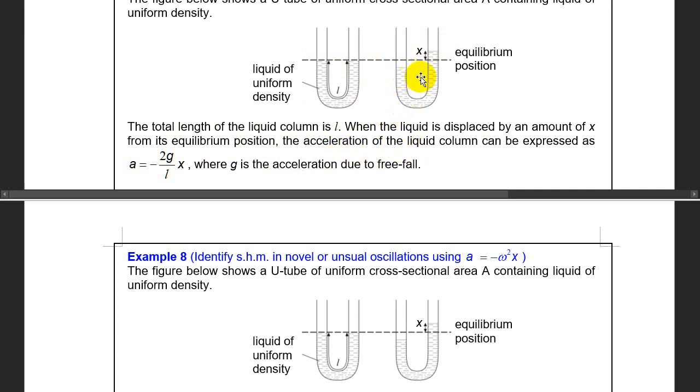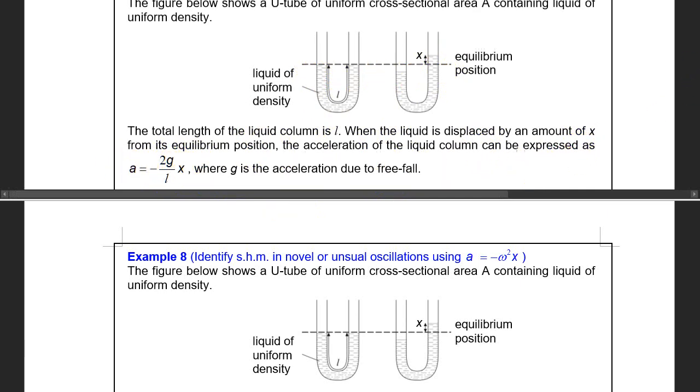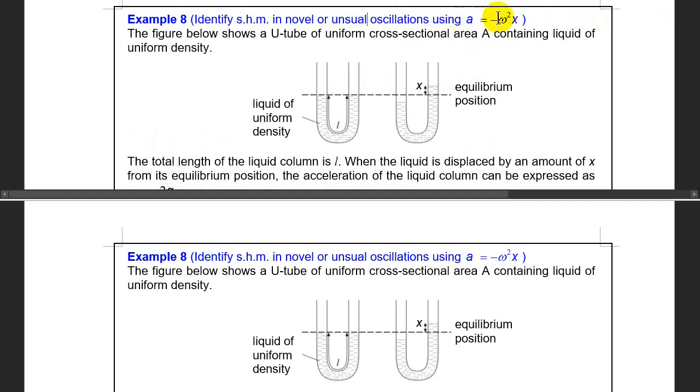We never learned this before, but sometimes the question will tell us something new, and the something new is that they say the acceleration of this liquid has a formula, and that is minus 2g over L, times x. g is 9.81, and L is the length, so g and L are all constant. But notice that this equation is of this type, and we know that any motion whose acceleration is of this type is a simple harmonic motion.